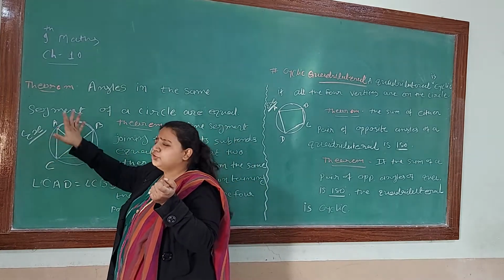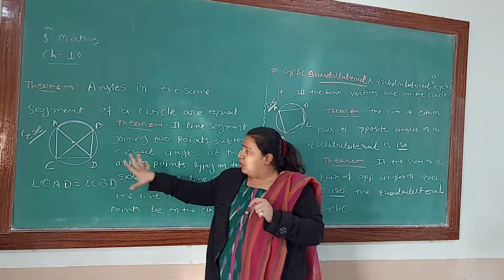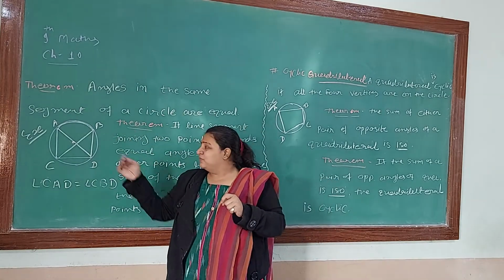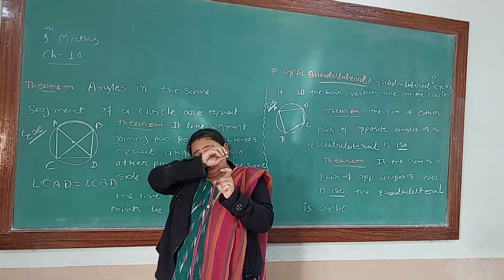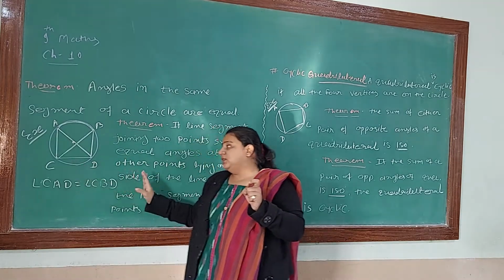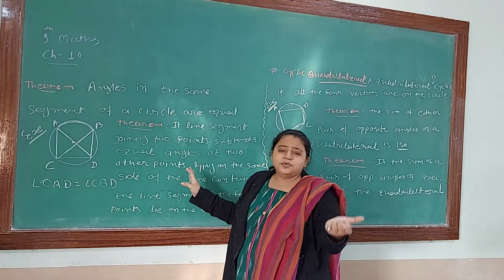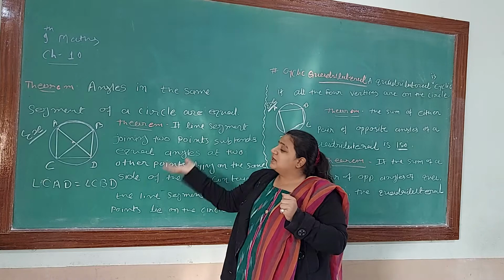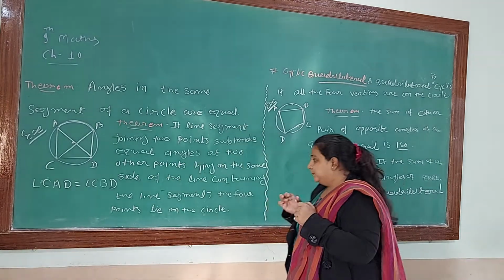In short, if 4 points are on the circle, situated at the same distance from the center, they form equal angles, or subtend equal angles, and this kind of quadrilateral is known as a concyclic quadrilateral.